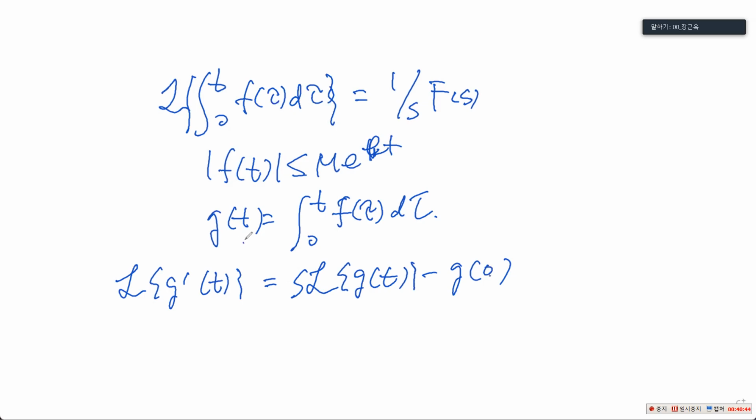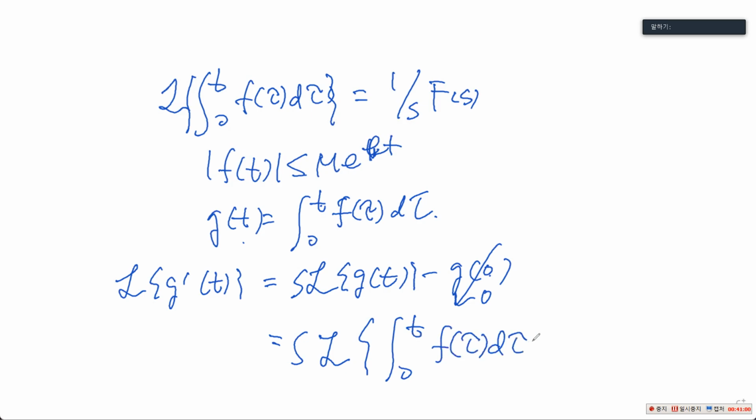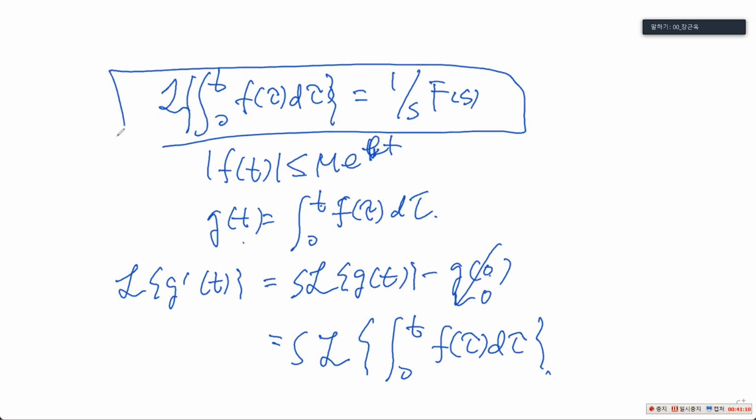Since g(0) is always 0, because integration from 0 to 0 is always 0, the term goes to 0 and we get the result. Okay, so we proved these relations.